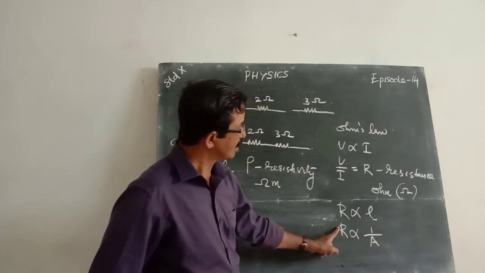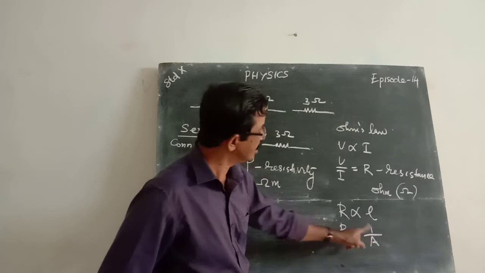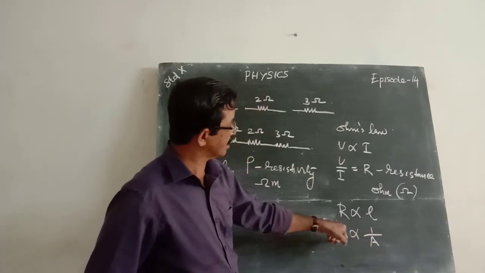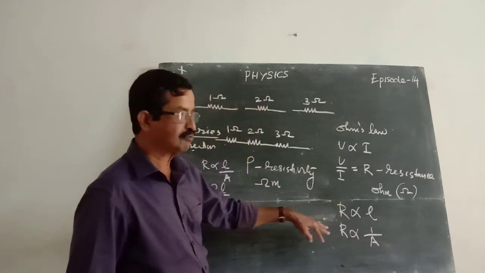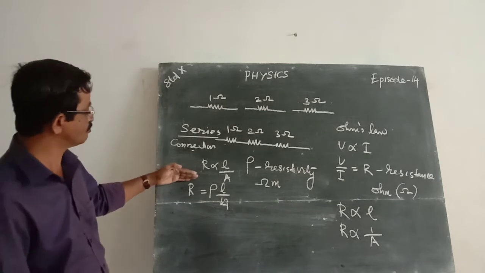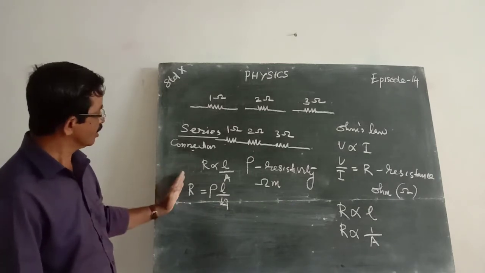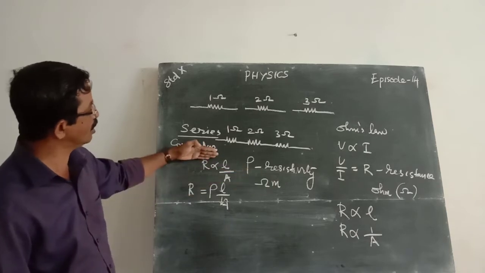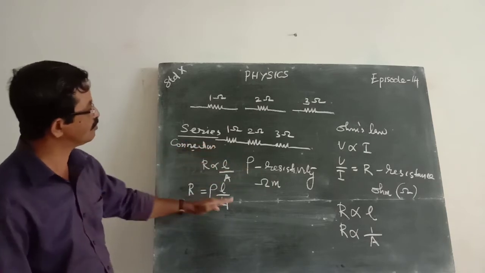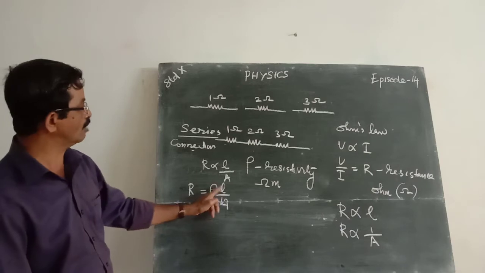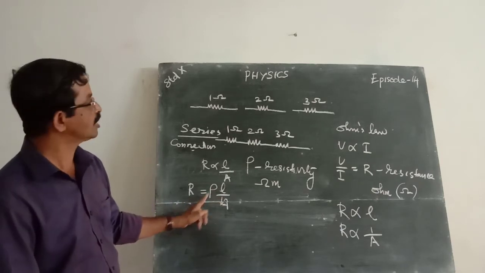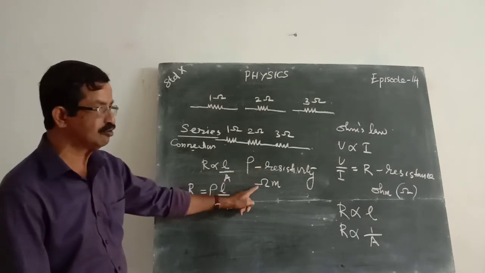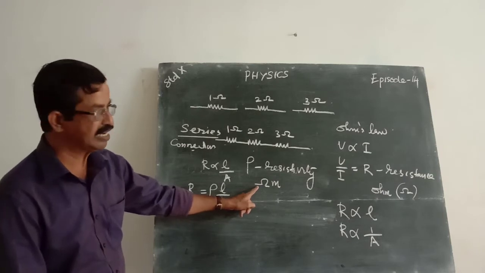If the thickness is doubled, resistance becomes half. Combining these two, R is proportional to L by A, and from this R equals rho L by A. The term rho is called resistivity and its unit is ohm meter.